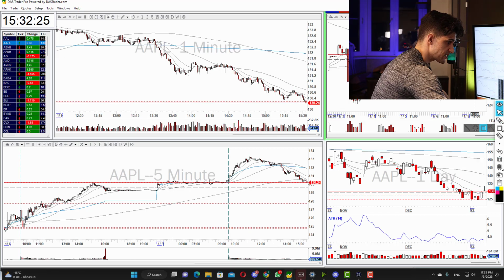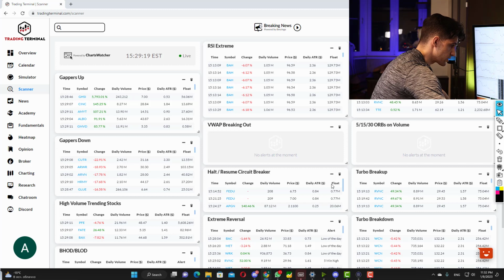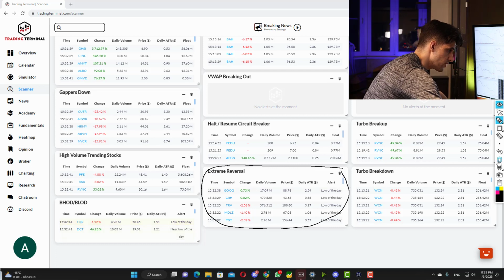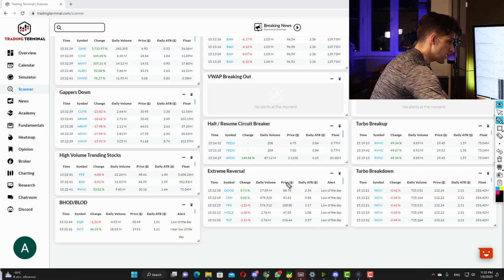If you're playing reversals, on the other hand, you cannot use this method around here, because this method shows you stocks that could have continuation. There is no point watching these type of stocks for an intraday reversal. What I use to trade reversals is the extreme reversal scanner. And obviously, I watch it after market open. So you see, for some particular styles, you have to build your list after the market open.